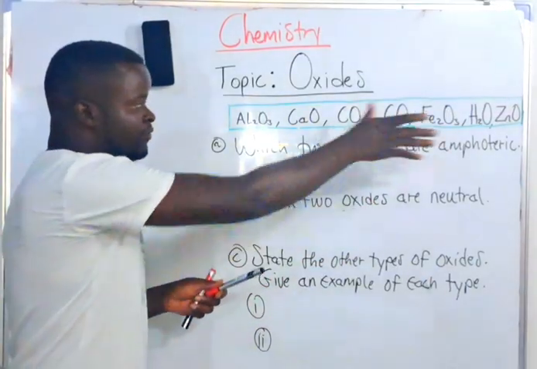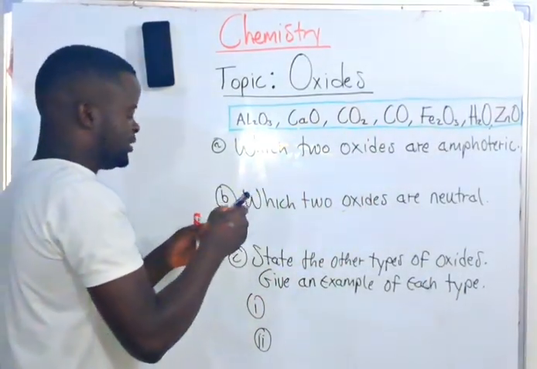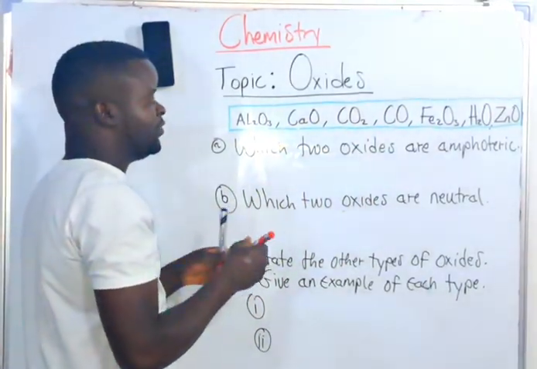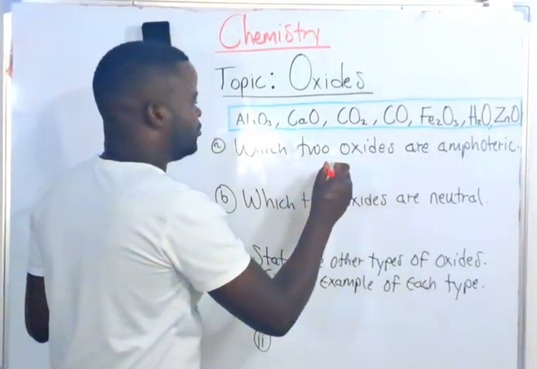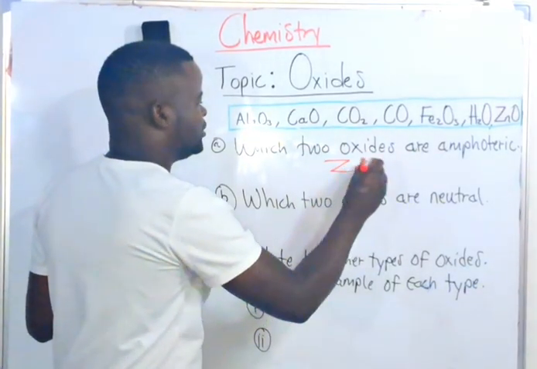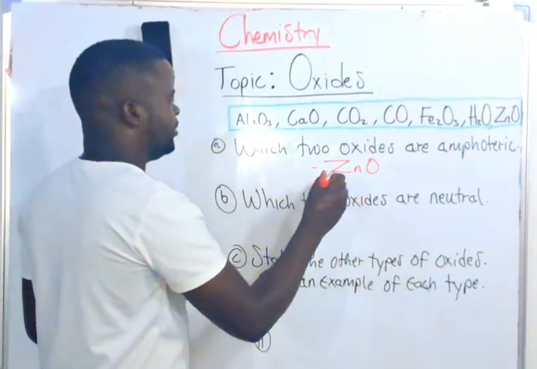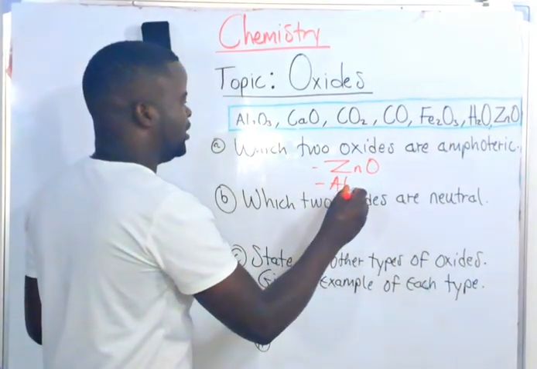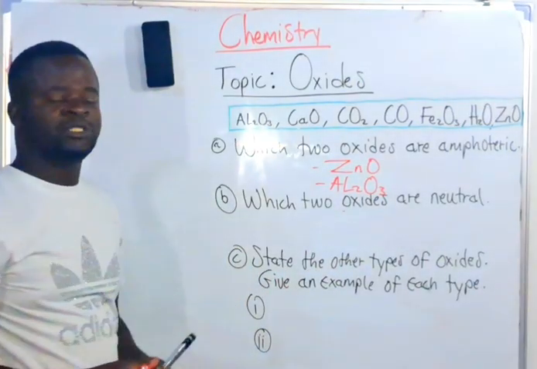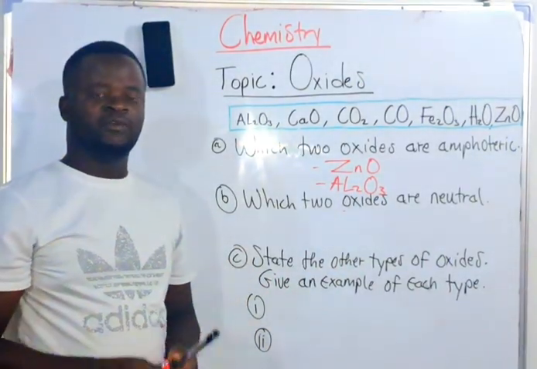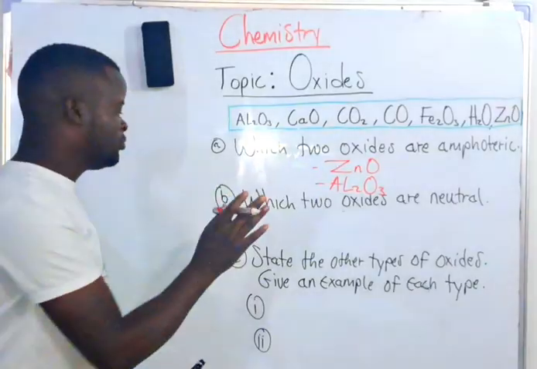So among the given oxides, the one we can pick that can exhibit both characteristics of acidic and basic, we are going to pick number one, zinc oxide. Number two, we can pick aluminum oxide. These are the two common examples that normally represent amphoteric oxide. Then let's go to question B.